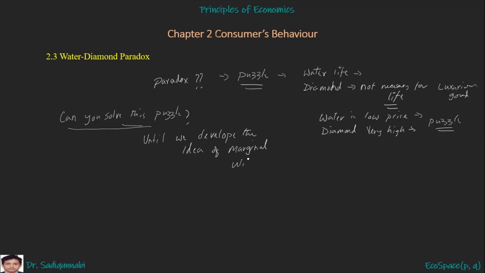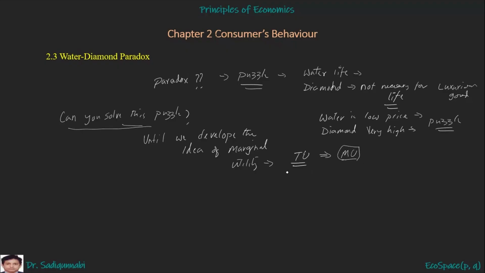When economists were not aware of marginal utility, they were aware of total utility. So they said that total utility is the determining factor for price. But by total utility, you can't solve the puzzle. You have to take the marginal utility concept.